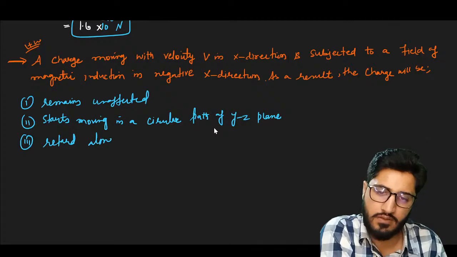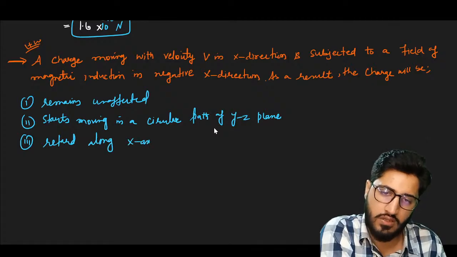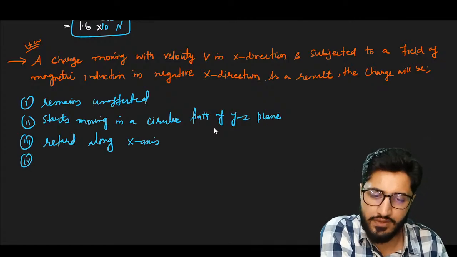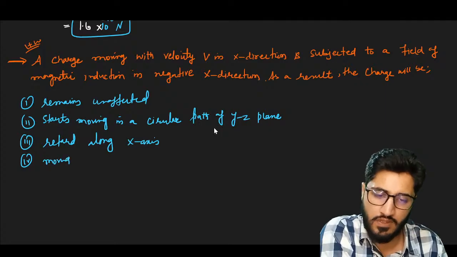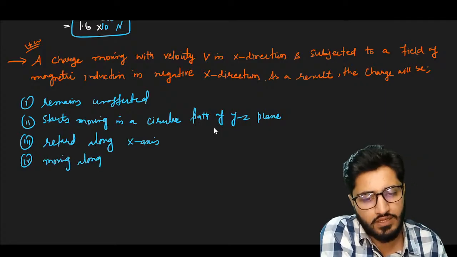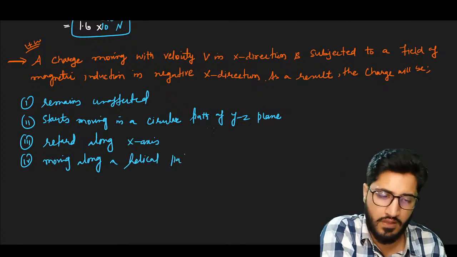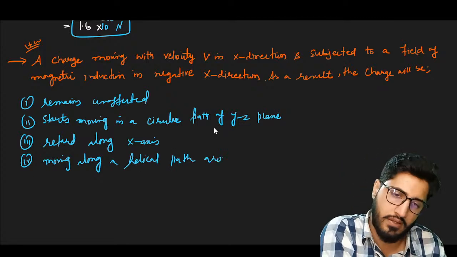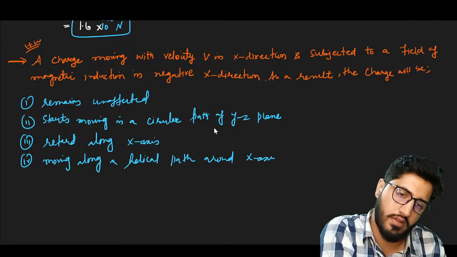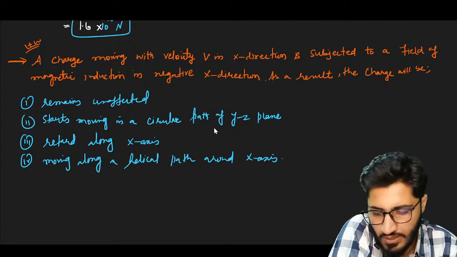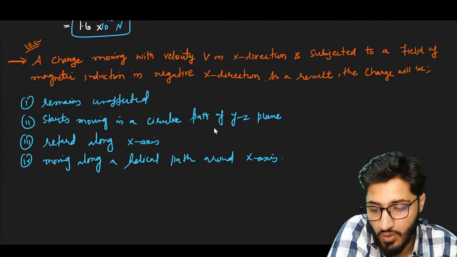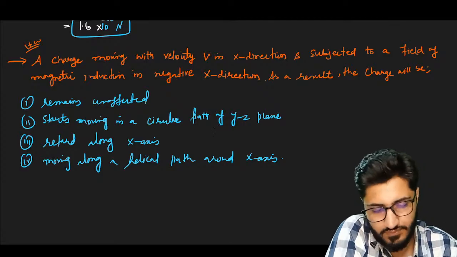Third: retarded along the Z axis. Fourth: moving along a helical path around the X axis. This one is your homework numerical.